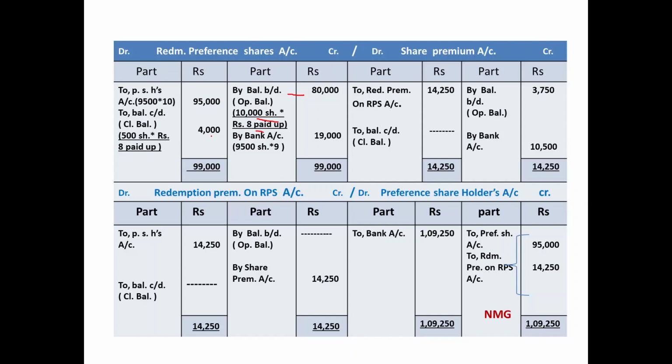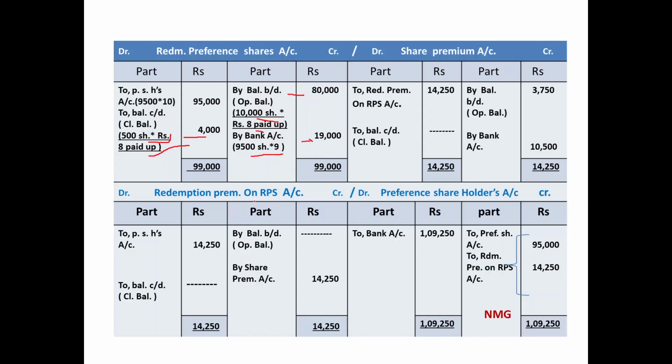This is the closing balance 4,000, as I explained to you at the time of discussion of the working note. 500 shares didn't give the call money, and that is why it remains in the form of closing balance. 500 shares, paid up amount 8, 4,000. So 10,000 minus 500, only 9,500 shares have paid up the call money. And that is why the posting of the first journal entry, bank debit to preference share capital account credit 19,000, call money received.